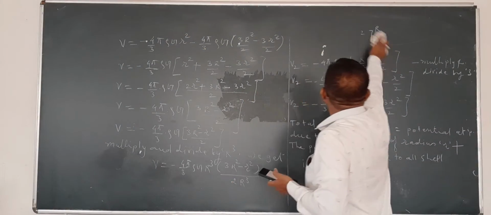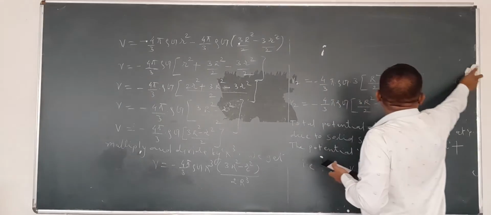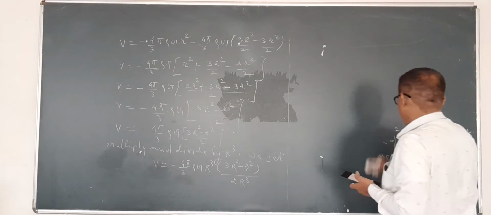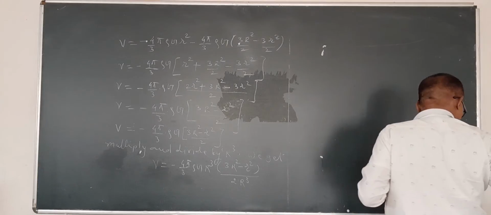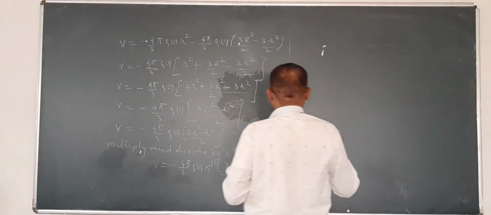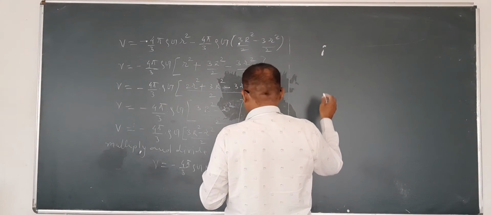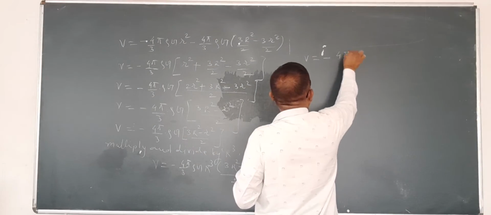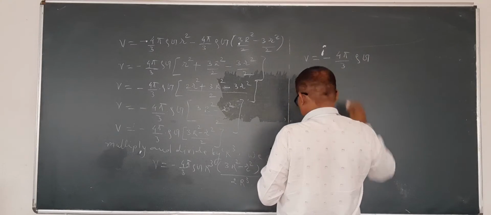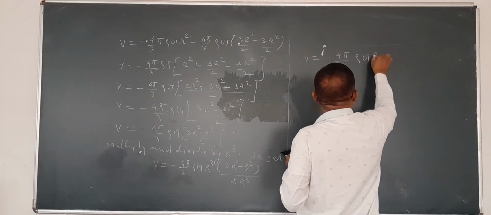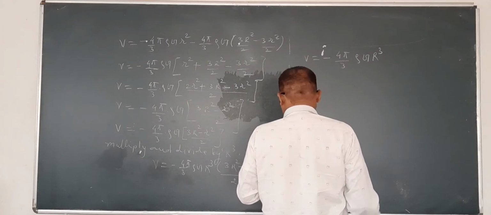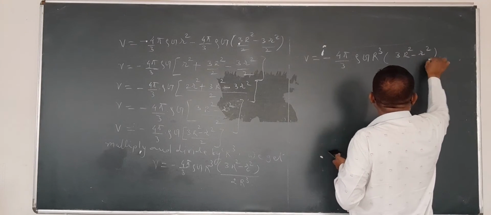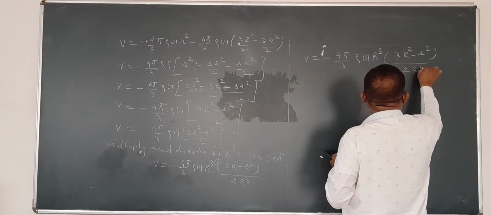After doing this adjustment, we can write the equation like this: minus 4 pi by 3 into rho g into r cube into the bracket 3r square minus r square divided by 2r cube.